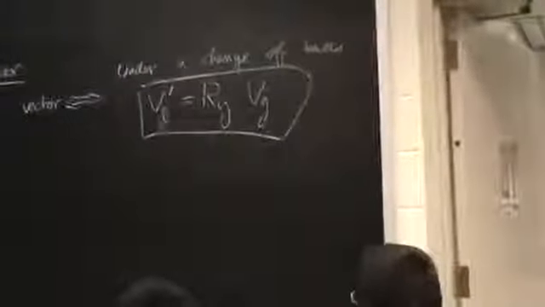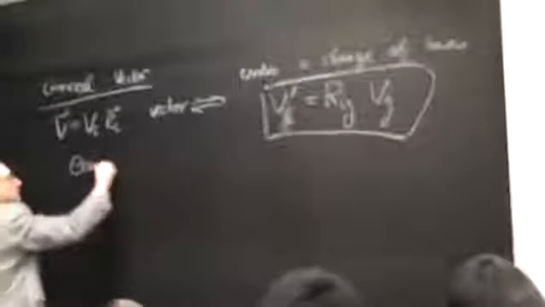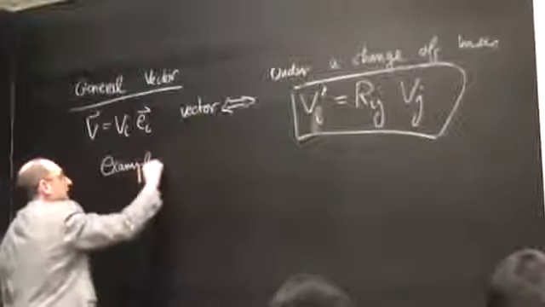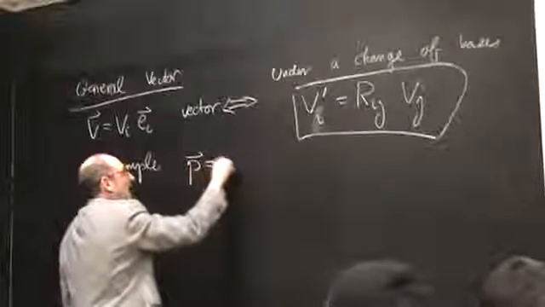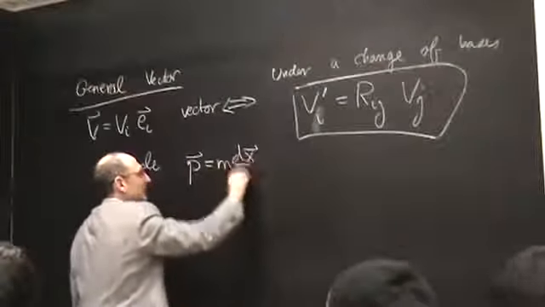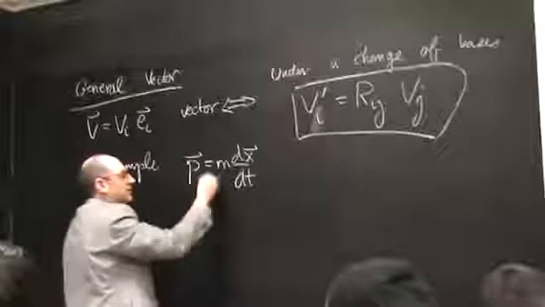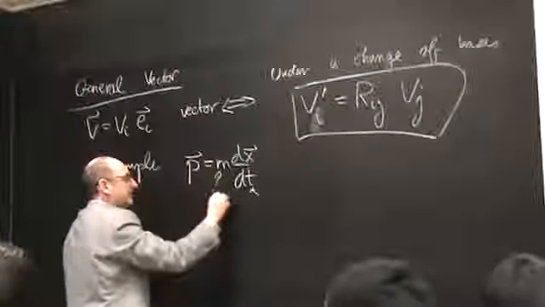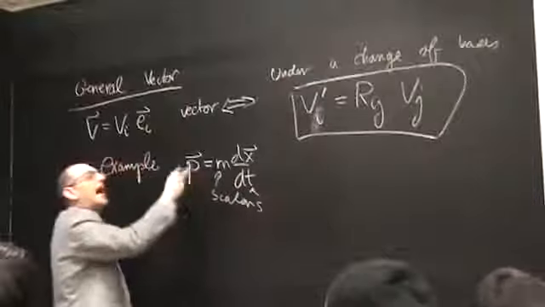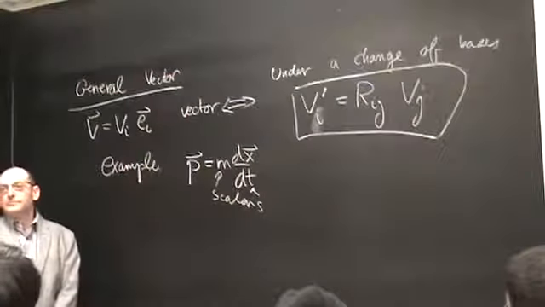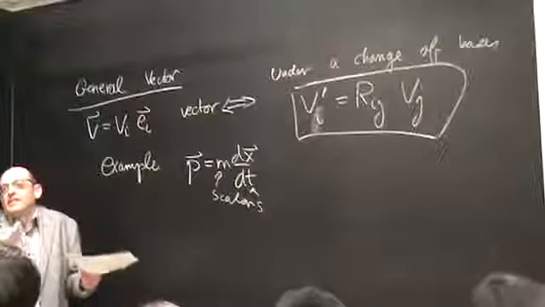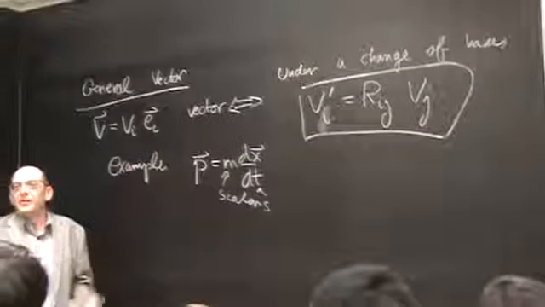So for example, if I define momentum as mass times the derivative of position with respect to time, with these being scalars, then this has the property that we want of a vector, because it inherits it in some sense from position.